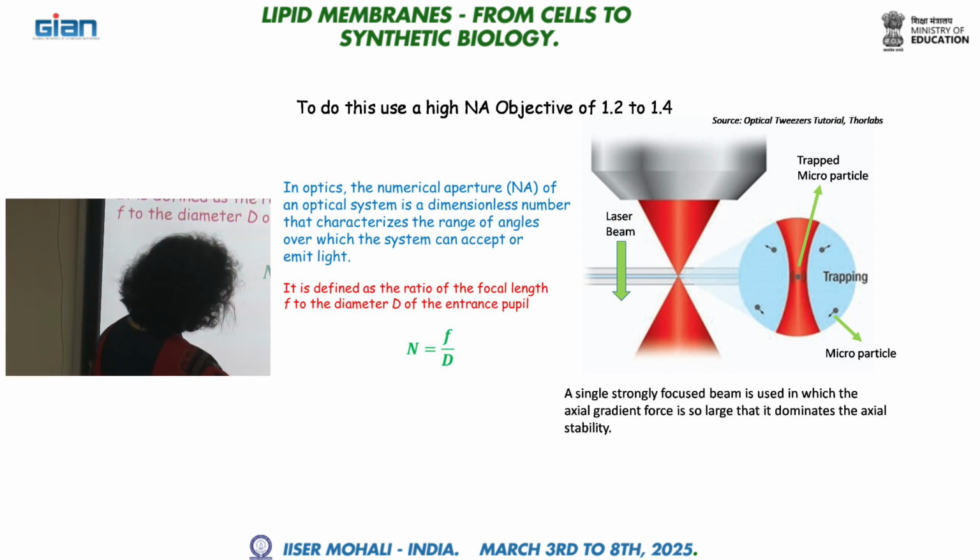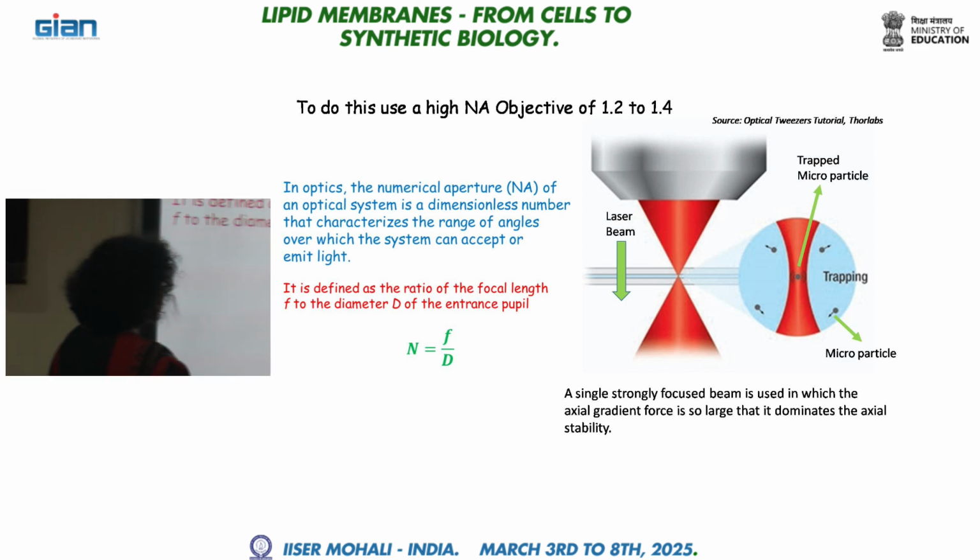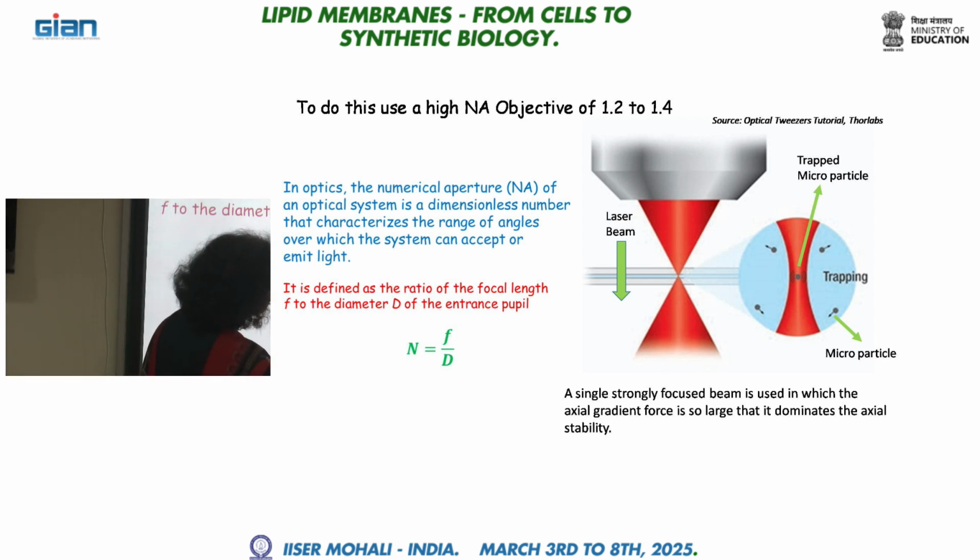So obviously, if this is something like 1.2 or 1.4, what it essentially tells you is that this focal length is going to be extremely short. It is going to be in fact shorter than the collection diameter. So thereby you will have an extremely short length over which it is focused, and thereby you create extremely strong gradients. So now the question is, what does the force on the particle look like?